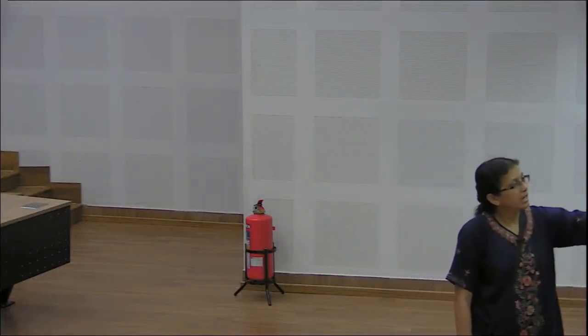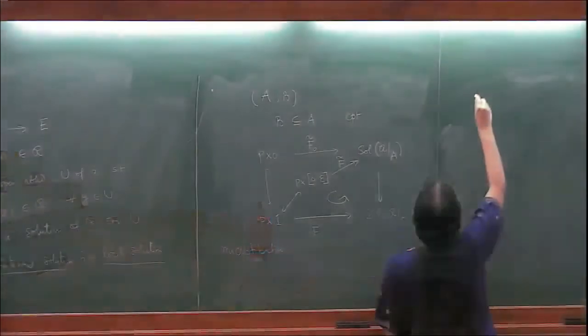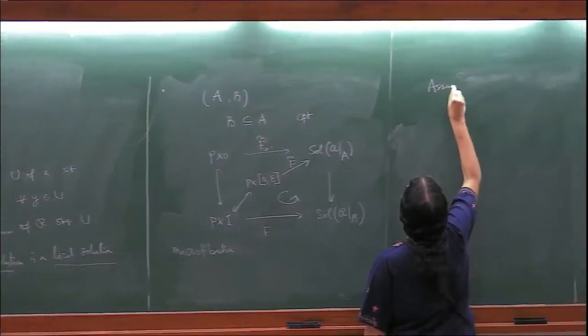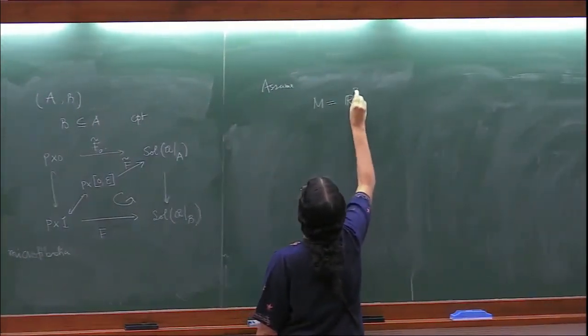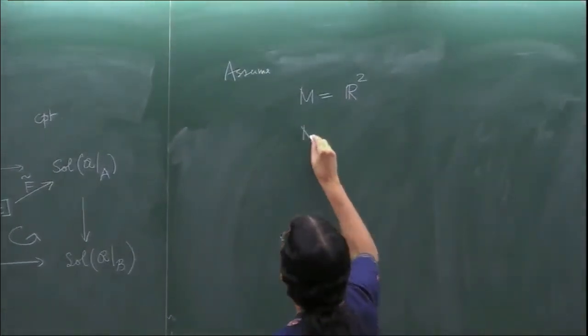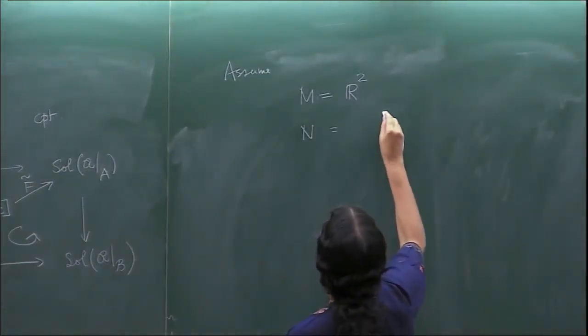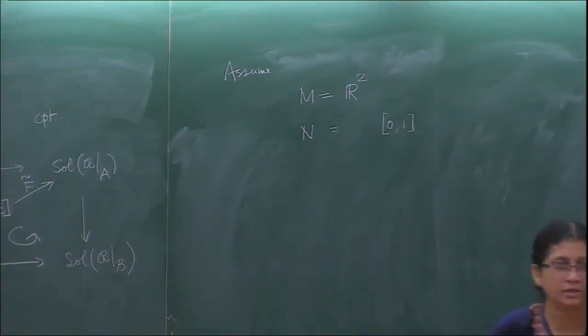Here you see N has a positive codimension. So I assume that my manifold is simply R2, and N is an interval, because let us consider an interval. Why? I will tell you.